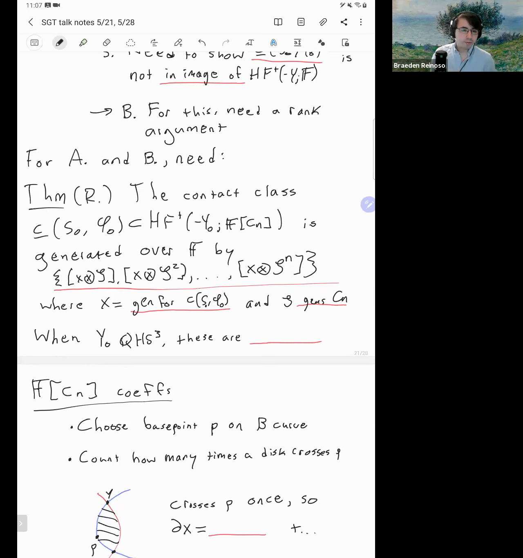So you can read this result as telling you that in the twisted coefficient system, nothing really changes about your contact class, that it's just generated by your regular contact class tensored with the powers of Cn.